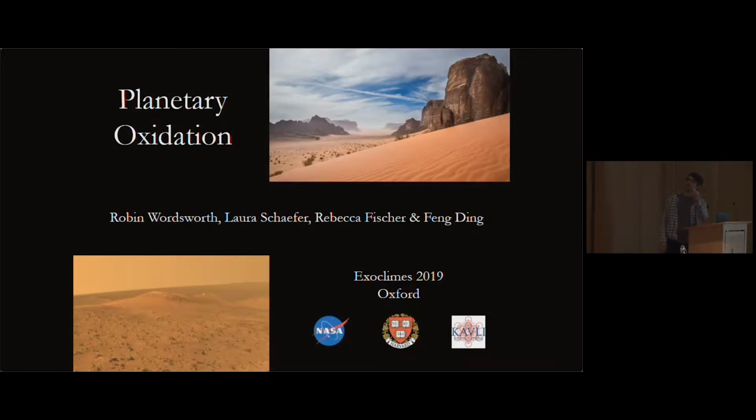And in both cases, you're seeing surfaces where the iron has been elevated to a high oxidation state, hence giving the classic reddish appearance. On Mars, this oxidation is driven by escape of hydrogen to space. On Earth, primarily, or at least by the biosphere, but it's really the abiotic oxidation part that I want to focus on here today.